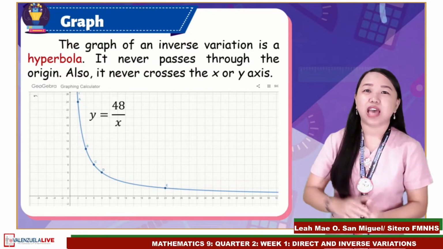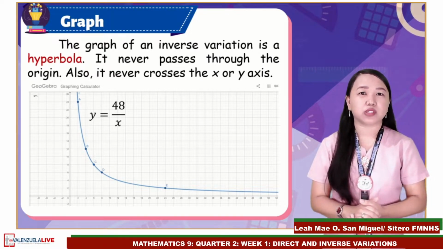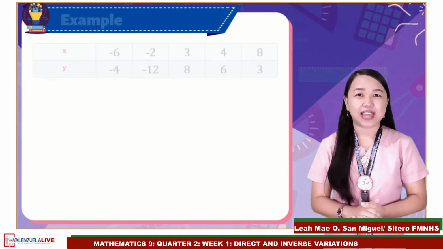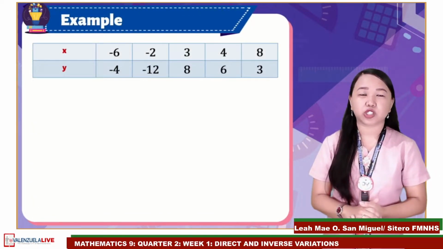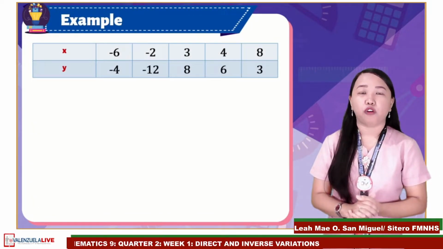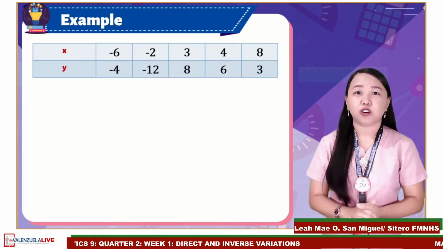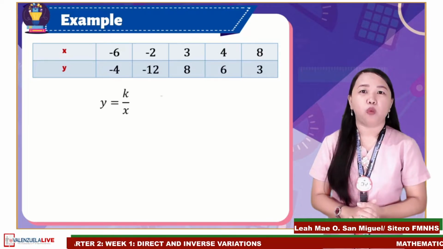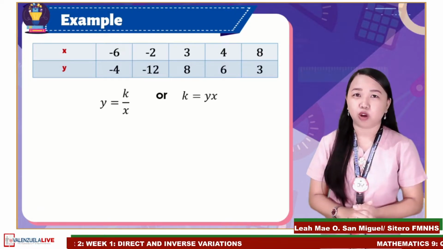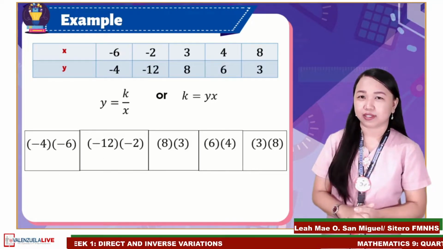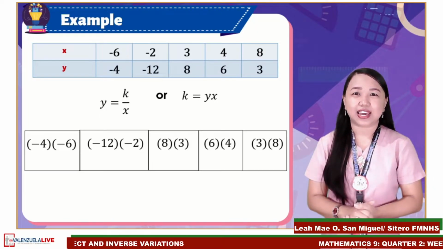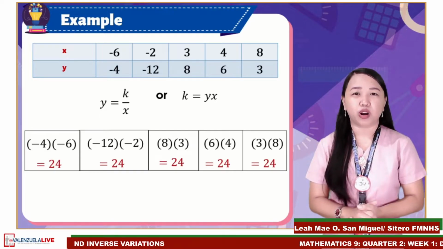Now, let's have another table of values that represents inverse variation. Again, in an inverse variation, the product of y and x must be constant. In the given table of values, what is the value of the constant of variation? Exactly! It is 24.